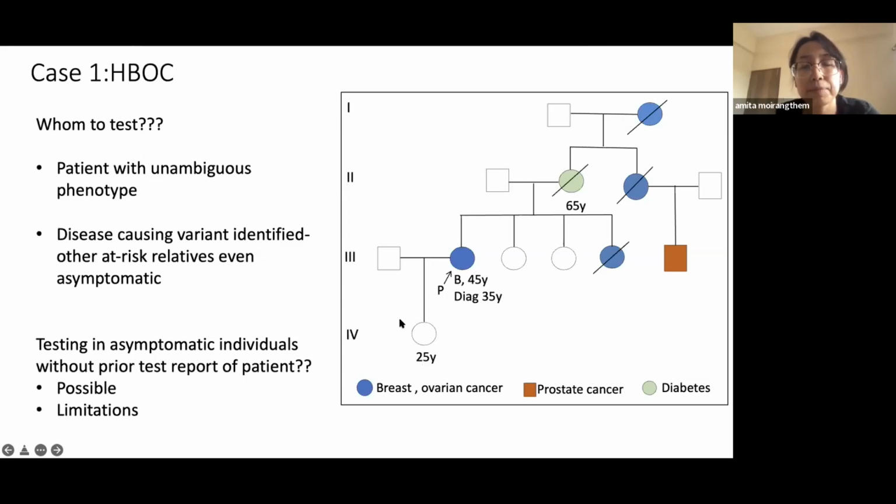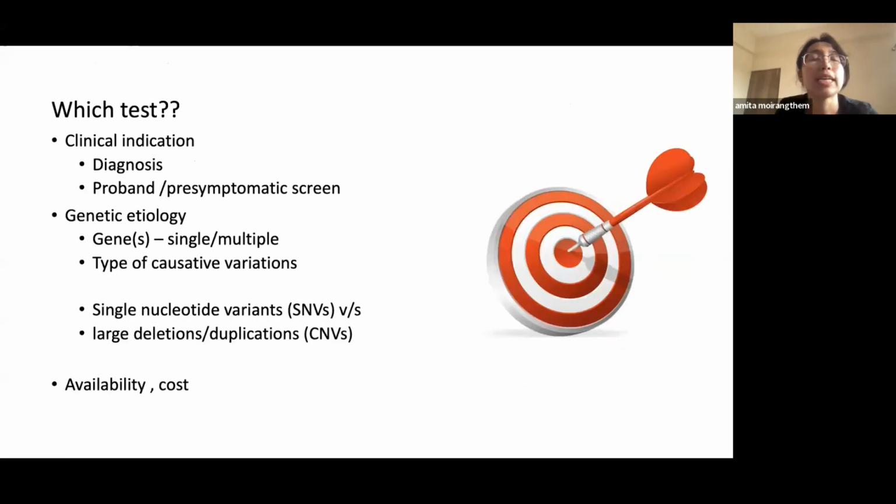We can test her, it is possible and feasible. However, we will have certain limitations in interpreting the results, which we will discuss in further slides. So the dictum is you should test the individual with the disease without any ambiguity.